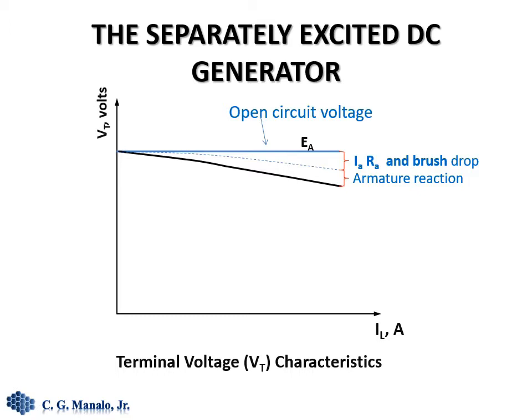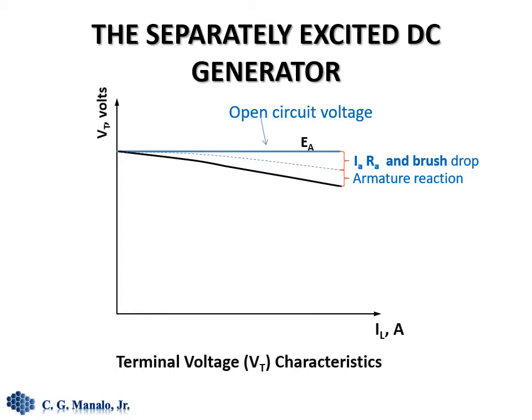This graph shows what is called the terminal voltage characteristics of a DC generator. This shows the terminal voltage versus the load current. This graph shows that at low load current, the terminal voltage is high, and it decreases as the load current increases.